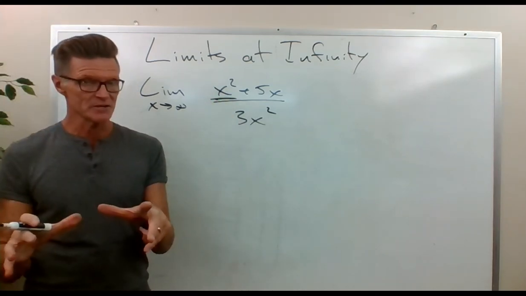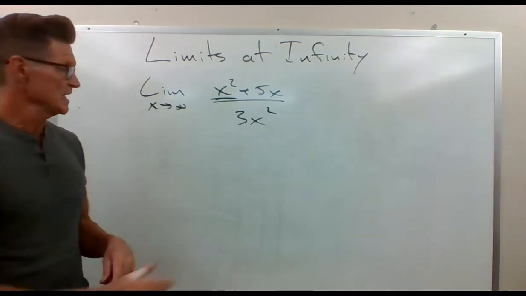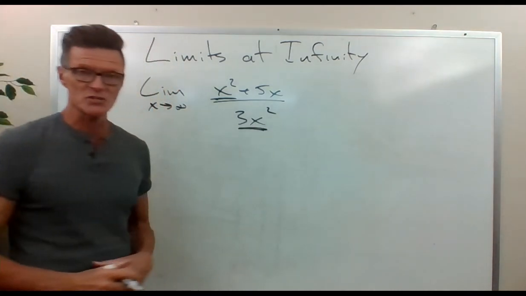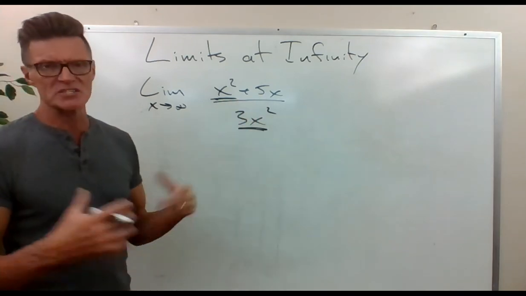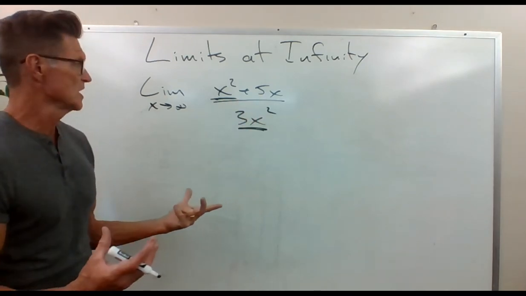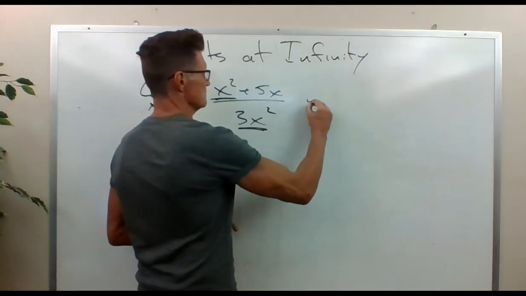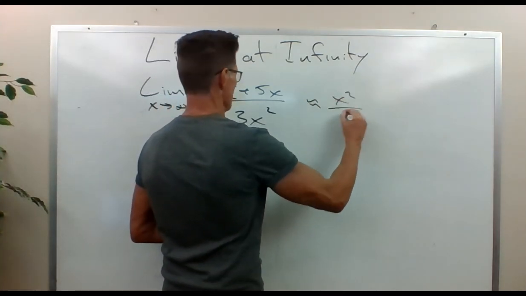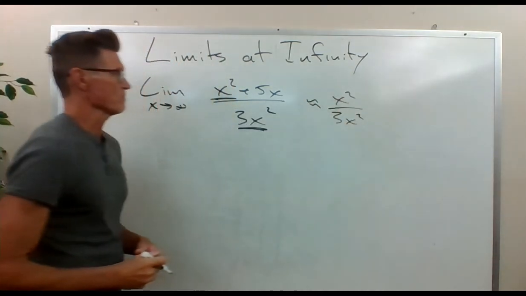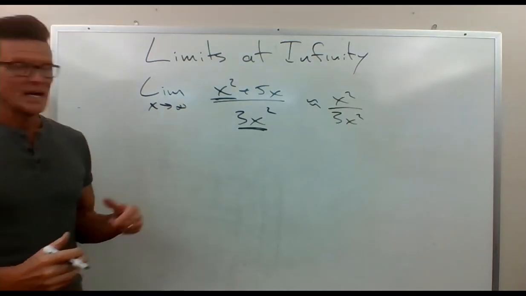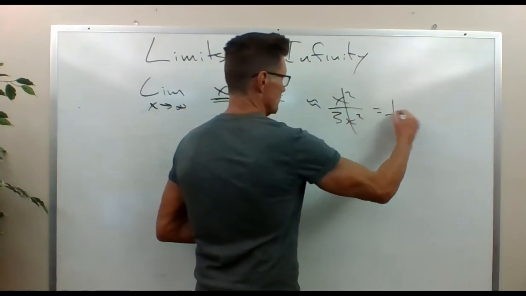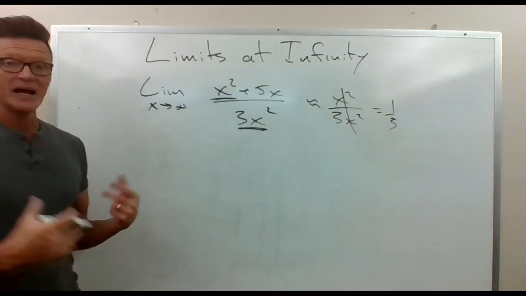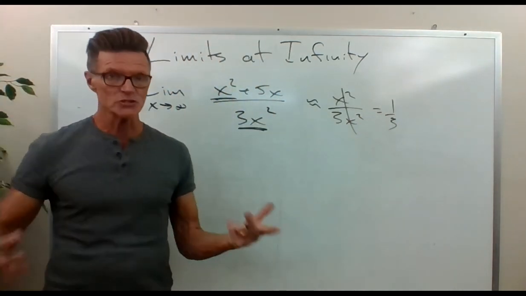In the denominator, the most powerful term is going to be the 3x squared. So in other words, as x gets infinitely large, the 5x doesn't really have that much influence. So what I can do is simplify this into x squared over 3x squared. And so x squared over 3x squared, the x squareds cancel out, and I'm really at 1/3. And that is your limit. That's actually the limit.